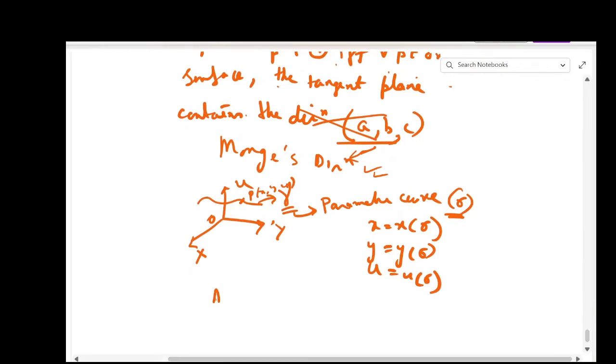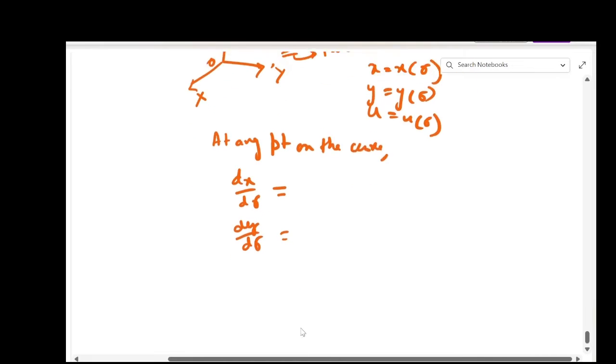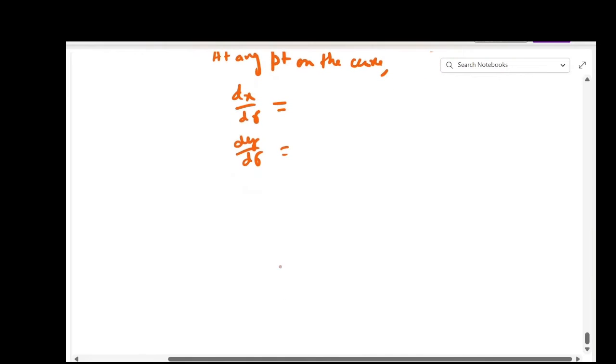Along the curve, at any point, we can get the variation of x as dx/dsigma, dy/dsigma, and variation of u as du/dsigma.